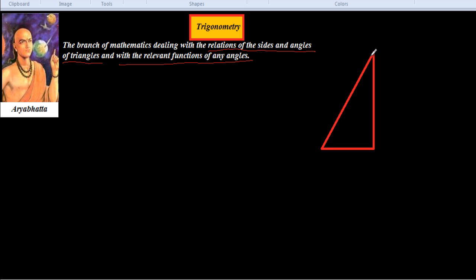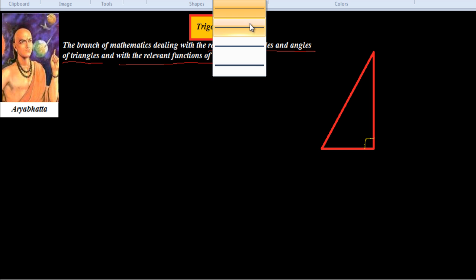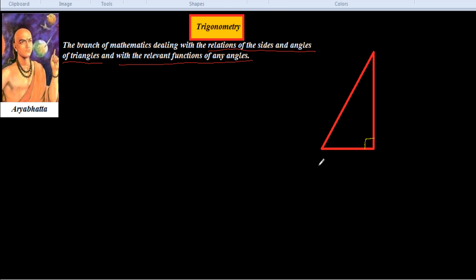Elementary, we apply trigonometry on a right angle triangle. Here you see we have a right angle triangle. We give some names to this triangle: this is A, this one is B, and this one is C. So we have triangle ABC.